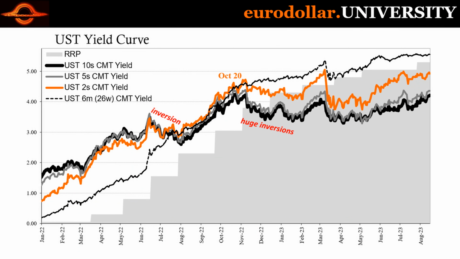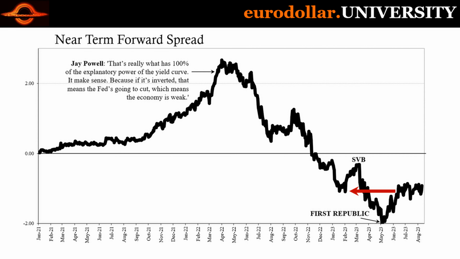The markets are instead, they're still exactly where they were, really going back to last September and October. Again, taking the near-term forward spread. The near-term forward spread says that rates are almost certain to be lower in the future. And that is not the bear Treasury case, the bull world case. That's the opposite. So the yield curve is inverted, and it's going to uninvert in one direction or the other.